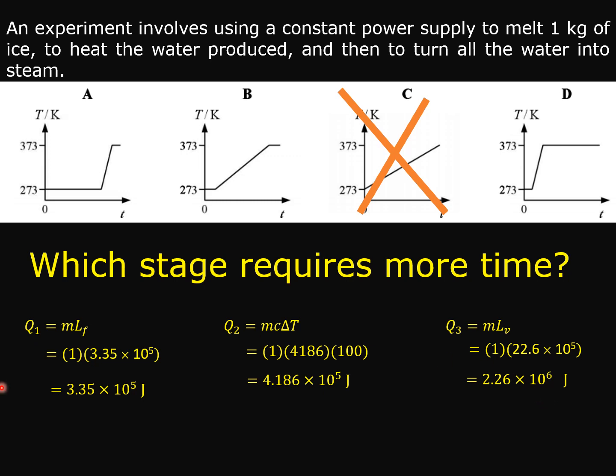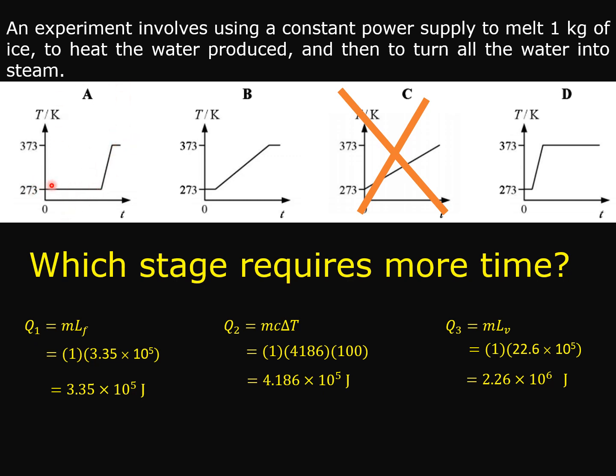So these comparisons or differences of the times should be reflected in the graph, because one of the axes for the graph is the time t. So if we look at A, B, C, let's say for A, we compare the time of the different stages, which one is longest.